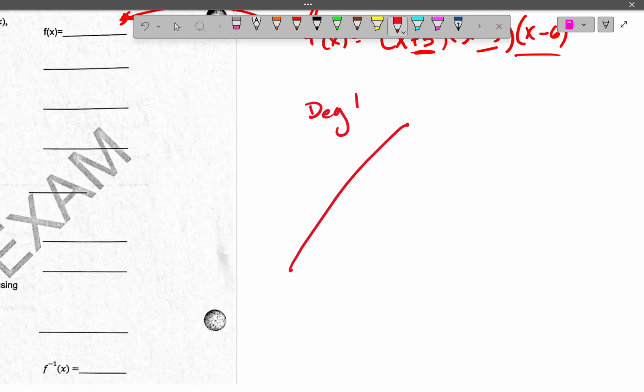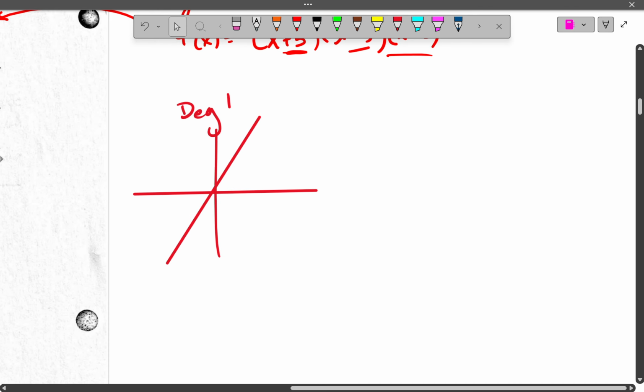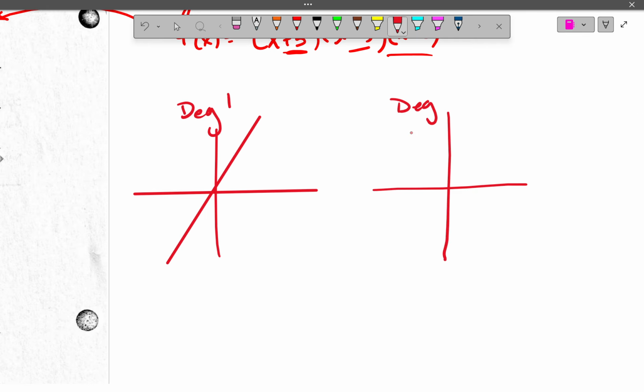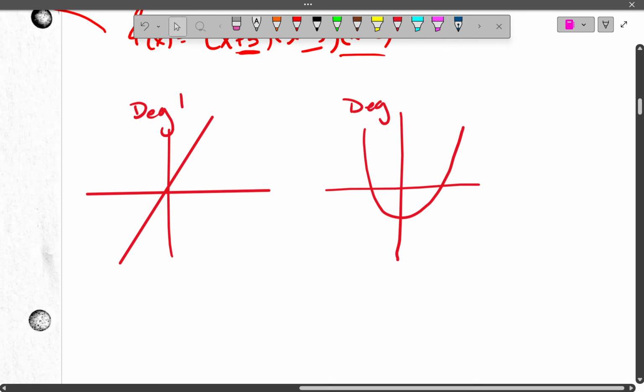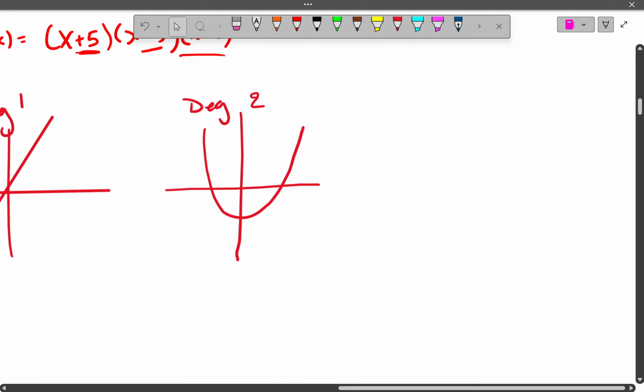There's a straight line, and it can pass through the x-intercept once. If you had that same idea here with degree 2, you have some x and y, and you can pass through at most twice. So that's degree 2.